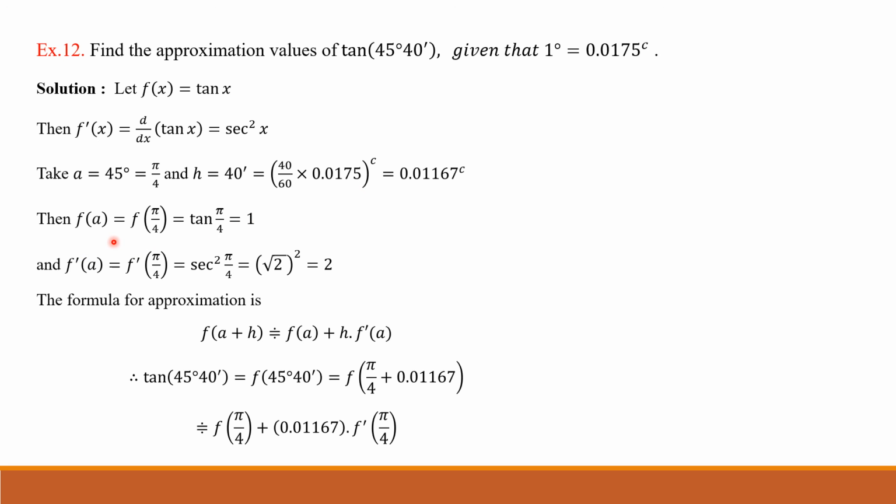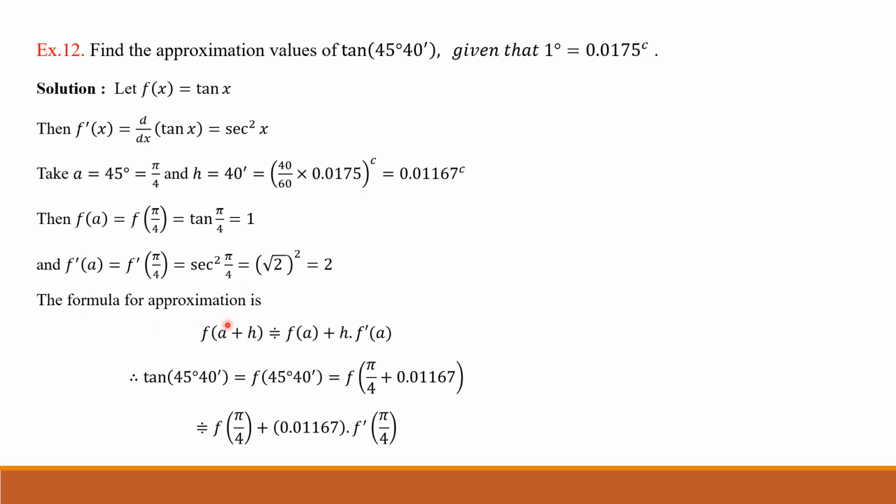Then f of a is equal to f of pi by 4. We know that f of x equal to tan x, hence f of pi by 4 equal to tan pi by 4 equal to 1. Then f dash of a, that is f dash of pi by 4. F dash of x is sec square x, hence f dash of pi by 4 equals sec square pi by 4 equal to root 2 square equal to 2.